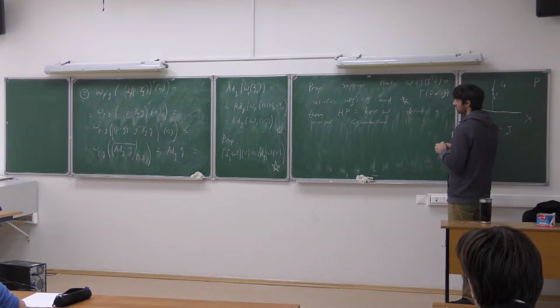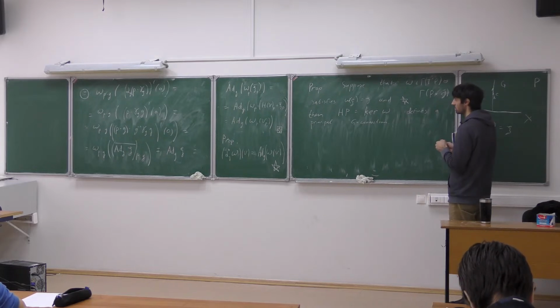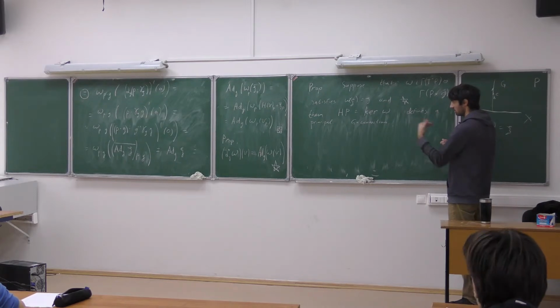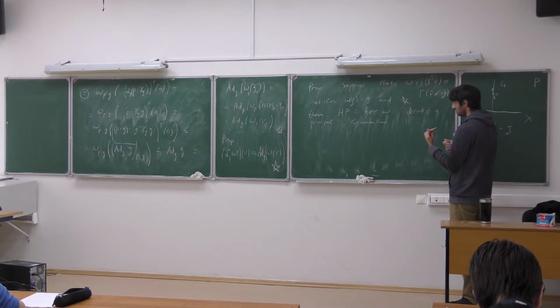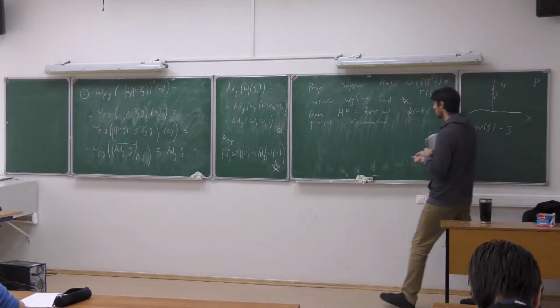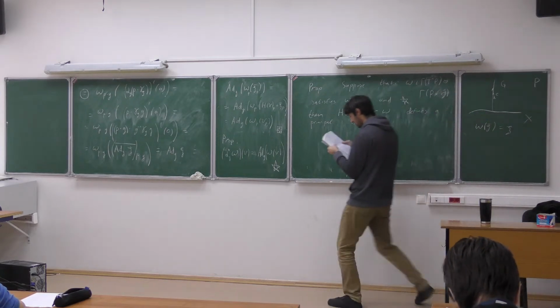The fact that it is horizontal is just because it kills everything that is not in the vertical direction, by omega of psi bar is psi. Well, okay, let's see. So let's try to prove it.